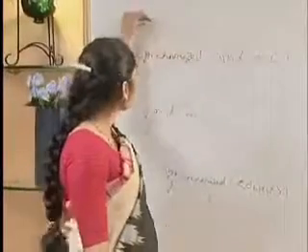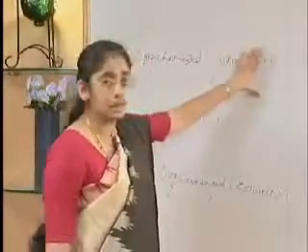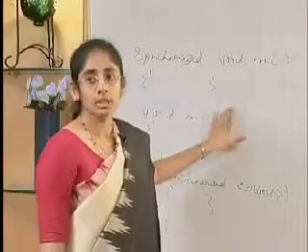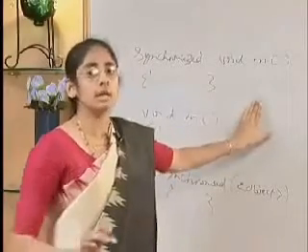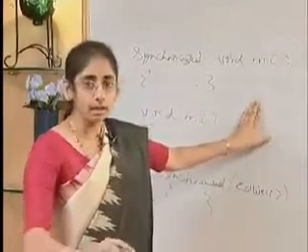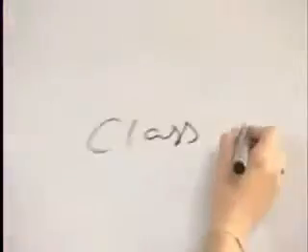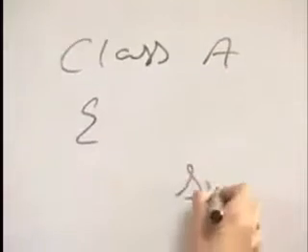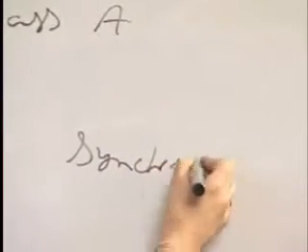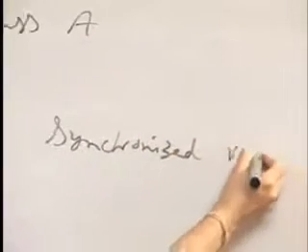So if this is in class A, let's assume I have a synchronized method M in class A. I create an instance of class A called A1, and using A1, let's say class A, I have synchronized void M.